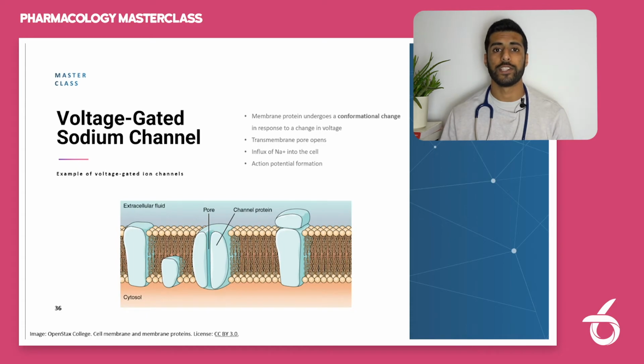That's then going to lead to this ion channel opening, and therefore sodium ions are going to be able to move inside the cell. The cell then becomes more positive inside relative to the outside, and therefore we're going to get depolarization, and the formation of an action potential, assuming the stimulus is strong enough to get over our threshold potential.